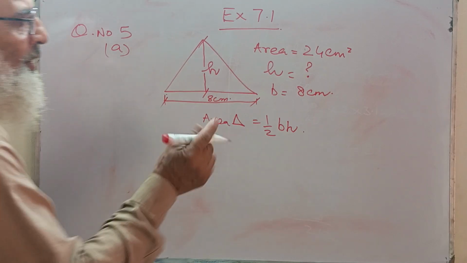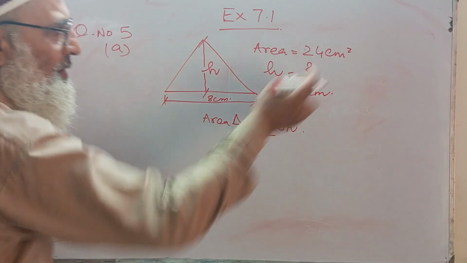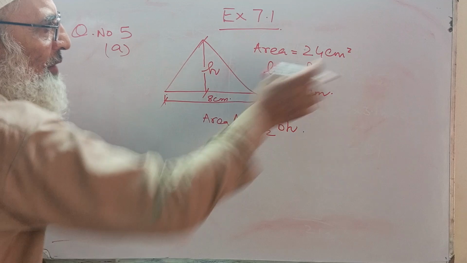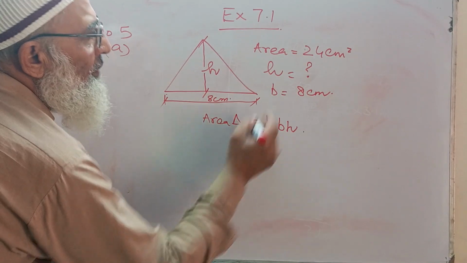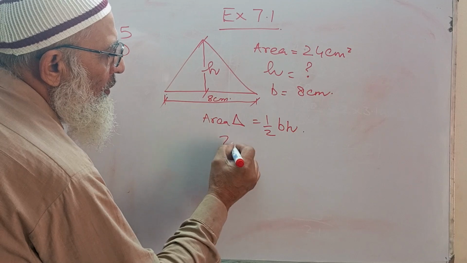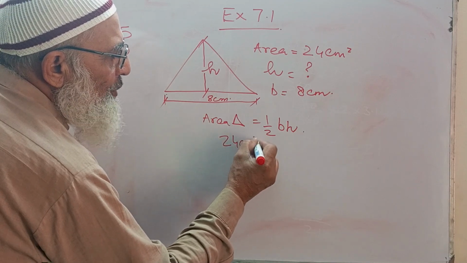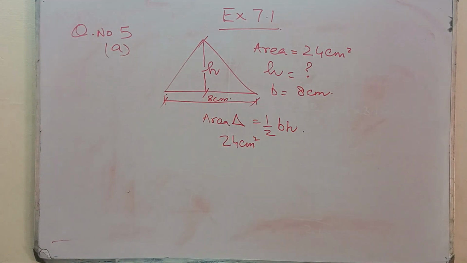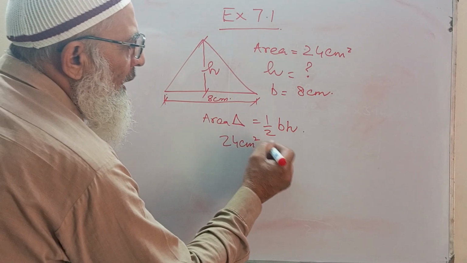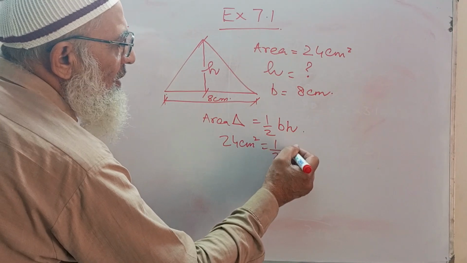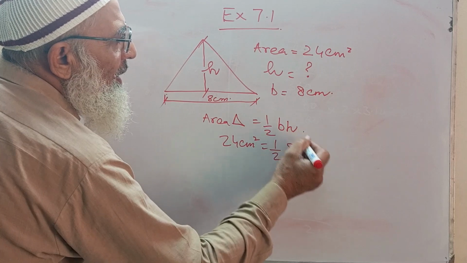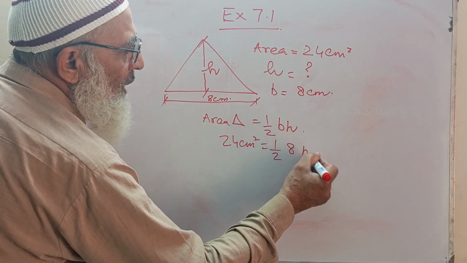Now the area has been given, so manipulate the values. We are left with 24 centimeter square, and you will see how this square will be removed. Half stays as it is, because it is a constant, and base is 8, and h is unknown to us.